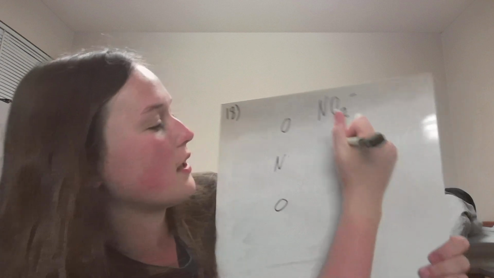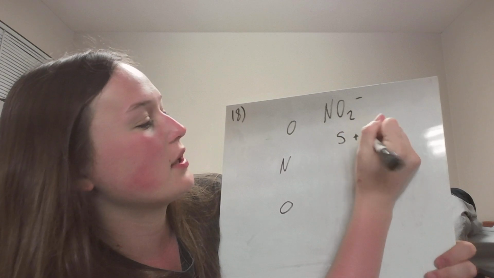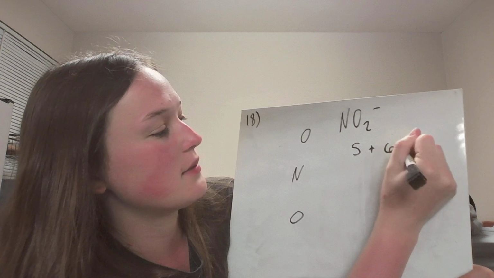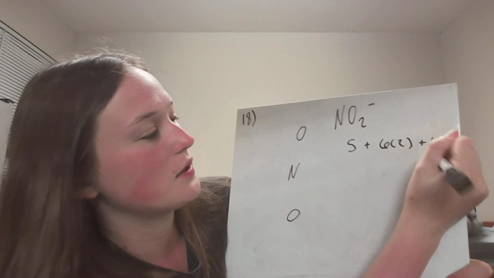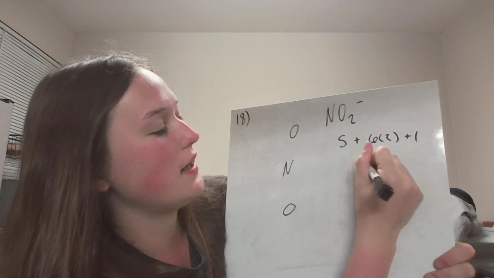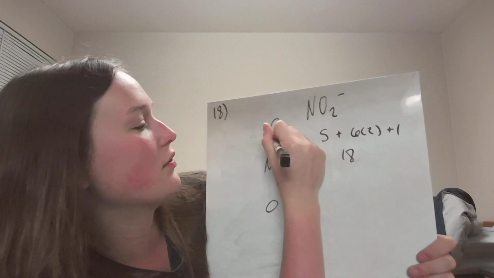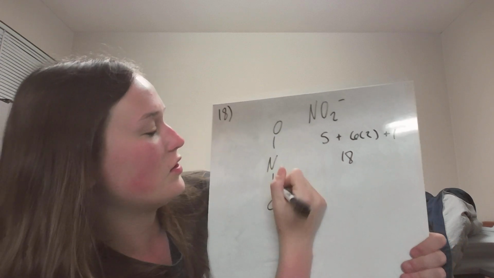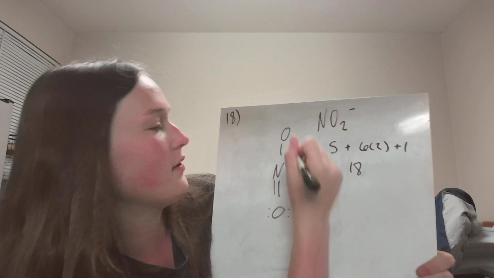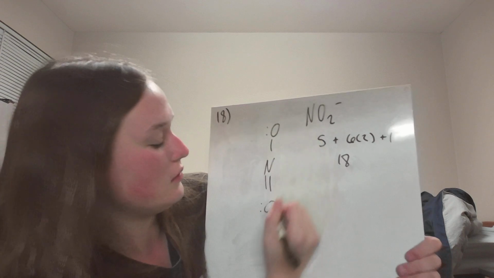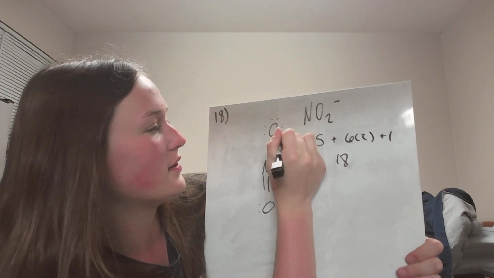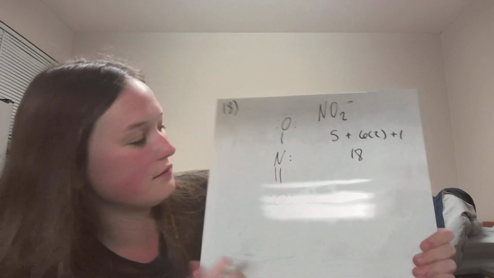There's going to be 5 plus oxygen has 6 times 2 plus 1, so it's going to be 18. 2, 4, 6, 8, 10, 12, 14, 16, 18.